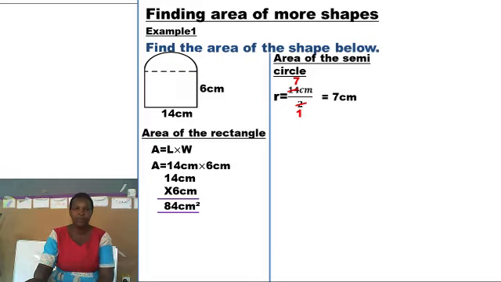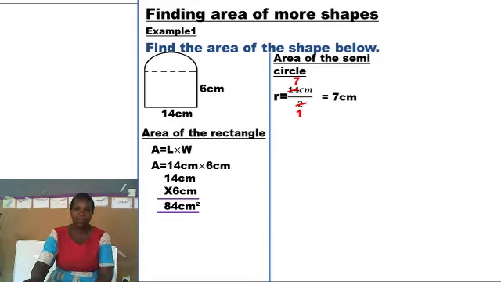When you look at the given shape, you will find out that its length is equal to the diameter of the semicircle. So we had to use the 14 as the length, which is equal to the diameter, to come up with our radius. By dividing the diameter by 2, we come up with a radius of 7 centimeters. My dear boys and girls, our next step, we need to study the formula of calculating area of a semicircle.